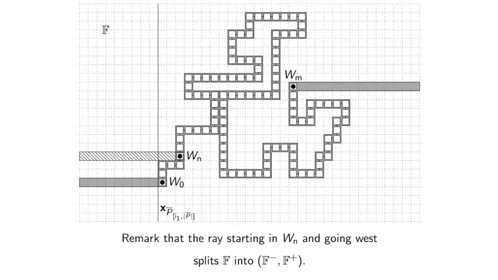Consider a position west of the tile PI2 such that its abscissa is lower than the minimum abscissa of the path assembly P. Since the ordinate of this position is greater than the ordinate of the tile PI1 and this position is on the west side of the window W, all positions west of the tile PI2 belong to the free zone. A corollary of this remark is that the ray starting at the position Wn and going west splits the free zone into F- and F+. In our example, this ray is hatched.